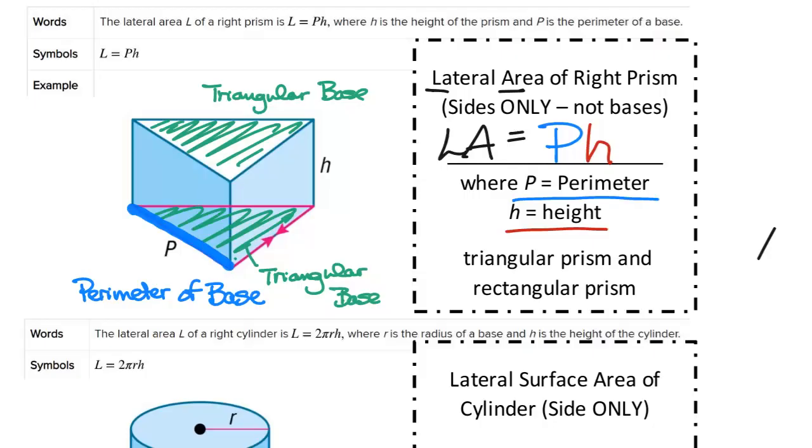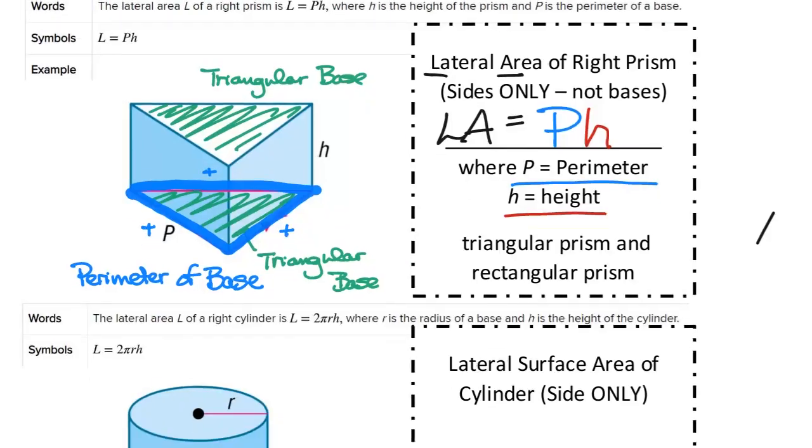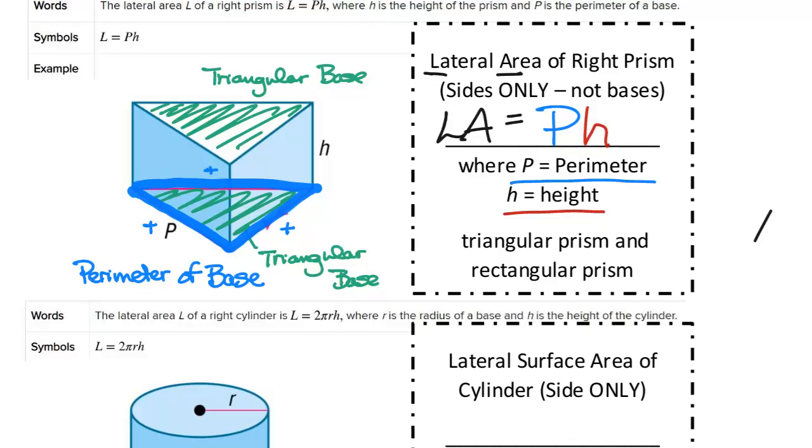It would be this side plus this side plus this side all together, and we would add those up. Then we would multiply that times the height, and the height is the distance between your two bases.